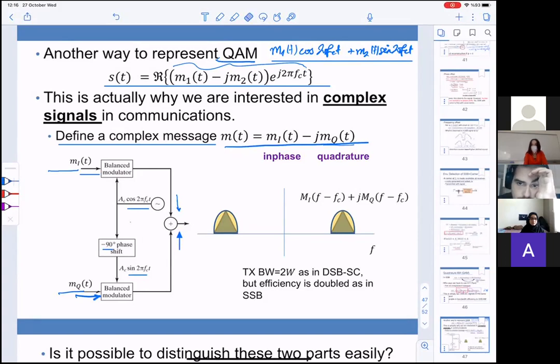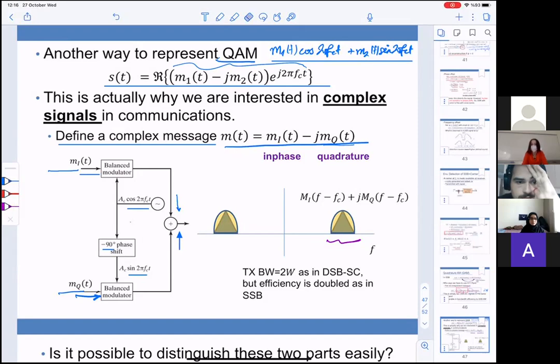Now, in the case that we're transmitting two independent messages, one of them with a Fourier transform that looks like a triangle, and another rounded Fourier transform shown here for description purposes, they will be overlapping in bandwidth. But this overlap is not a loss of information.